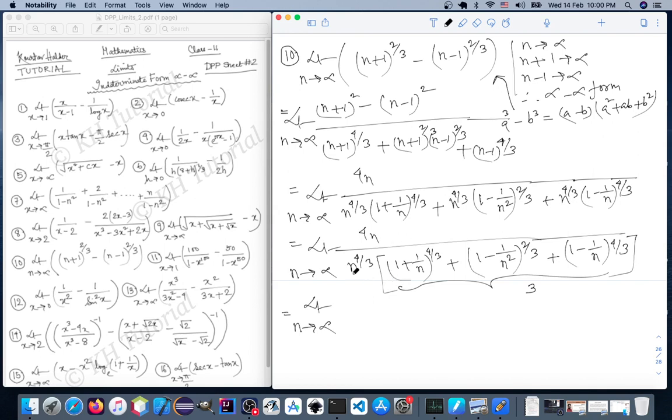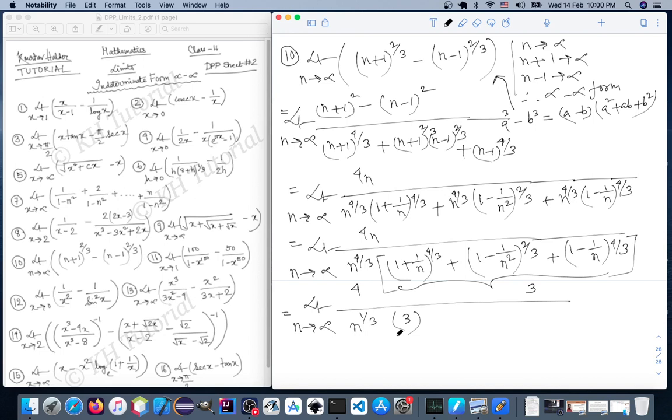Here we have n in the numerator, and in the denominator we have n to the power 4 by 3. So this is n to the power 1 by 3, and over here we have got 3 already, so 4 by 3 times n to the power 1 by 3. N is tending to infinity.